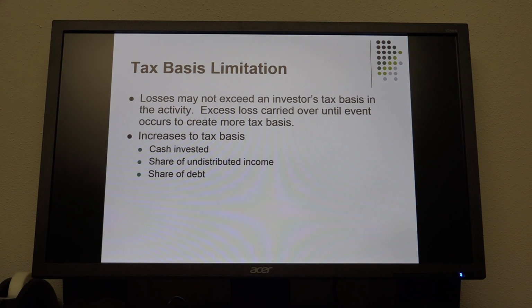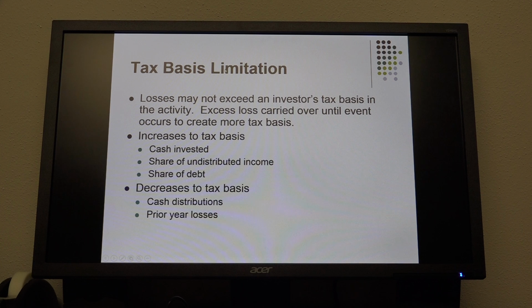Or if the passive investment incurs debt that the passive activity holder is obligated to pay, that share of debt increases their basis as well.